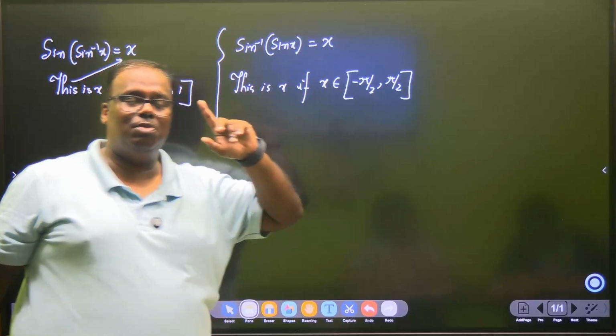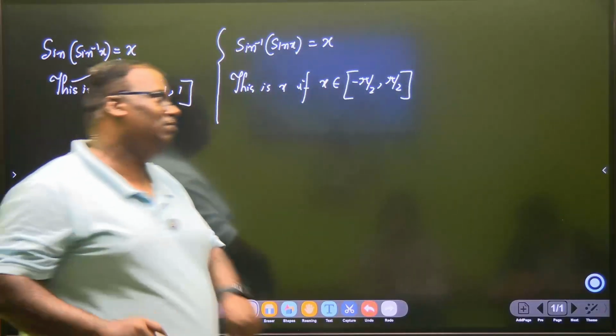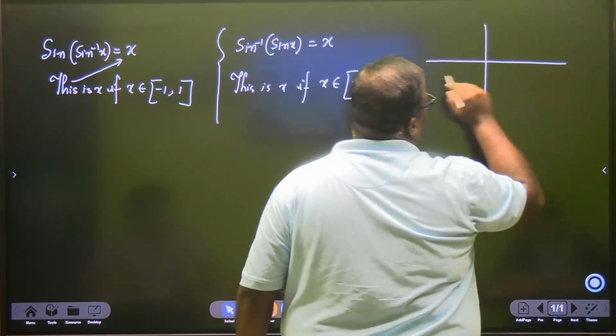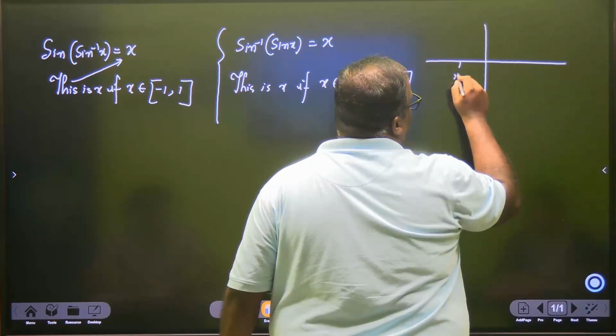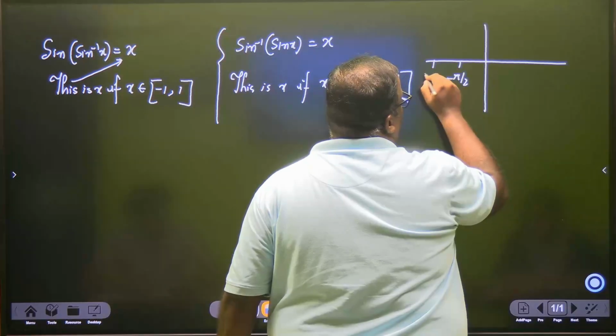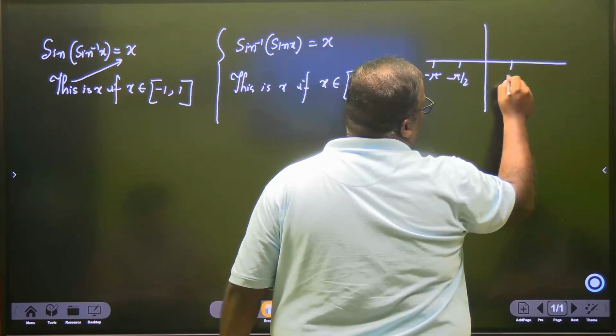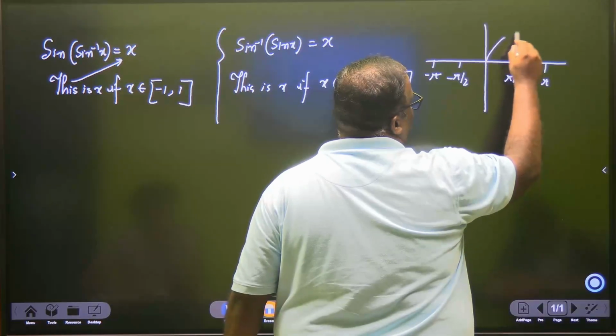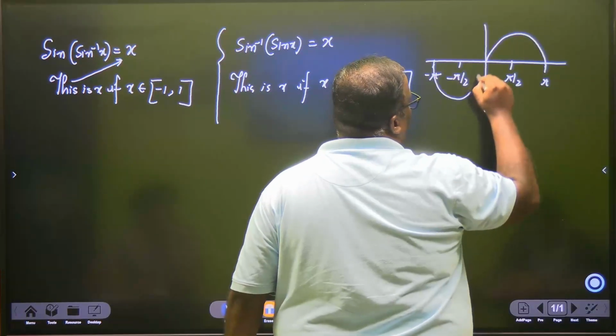And in the principle, when we were looking at the sine function, just look at the sine function, okay? This is -pi by 2. This is -pi. This is pi by 2 and this is pi, right? The sine function starts like this and like this.